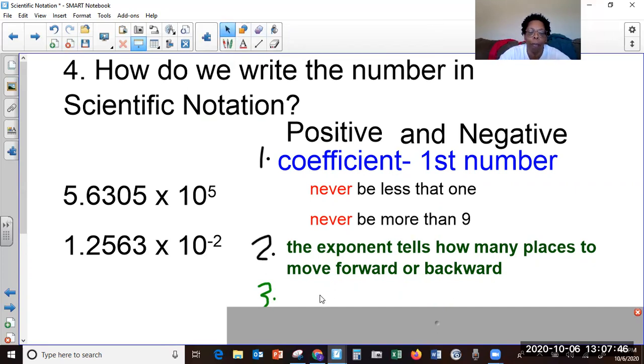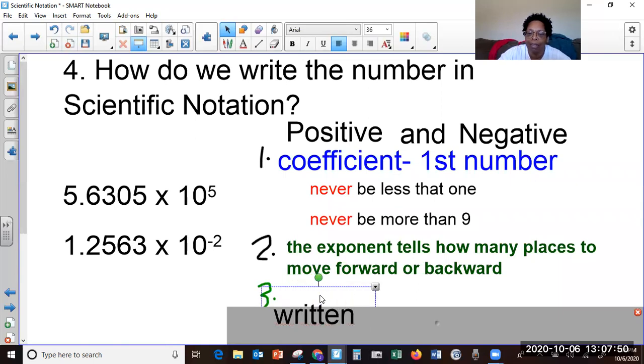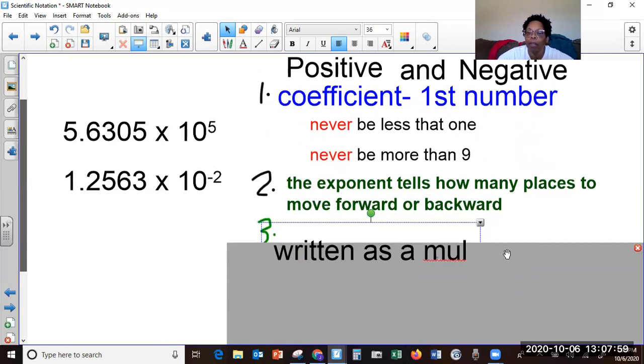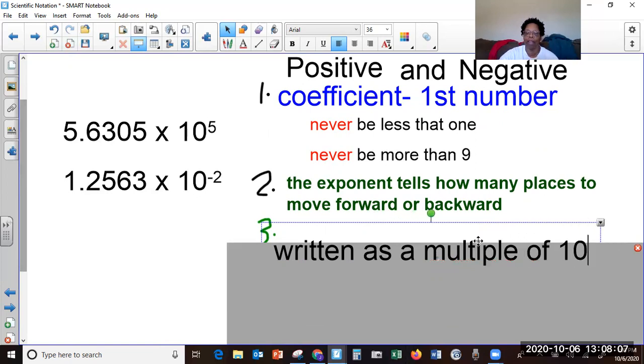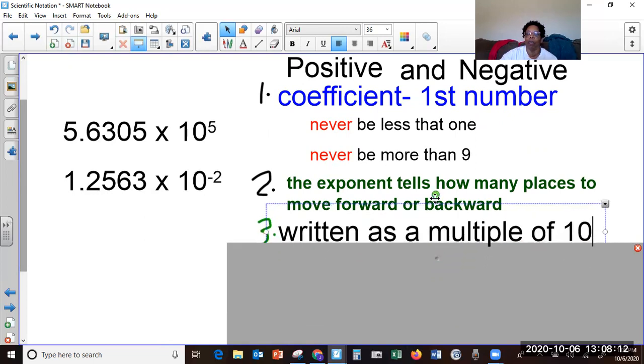It's written as a multiple of 10 with whatever exponent there is. All right, so it's written as a multiple of 10.